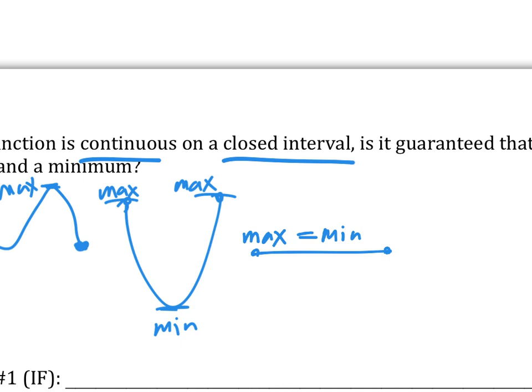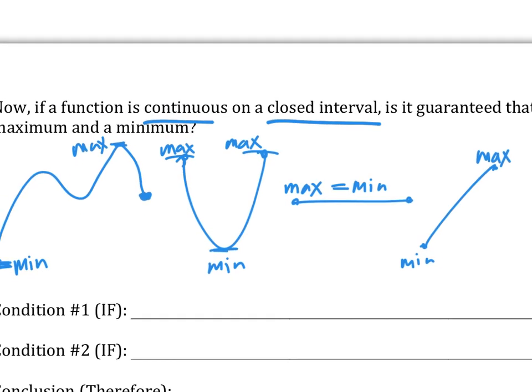If you have something that's connected, this is the simplest case, right? A straight line, and the line has endpoints. If you have a line that does not break and has endpoints, of course it has a lowest point and of course it has a maximum point.